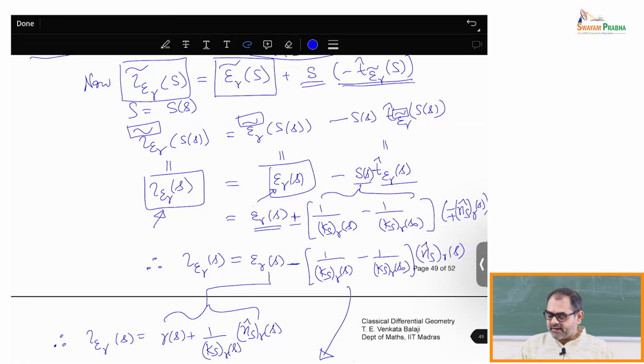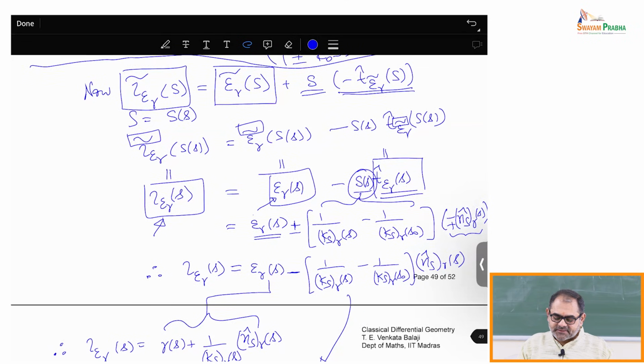And then also you see this unit tangent vector. As I already told you, this is minus or plus of the unit sine normal, and minus is when the derivative of the sine curvature is positive, plus is when the derivative of the sine curvature is negative. So we keep that very carefully.